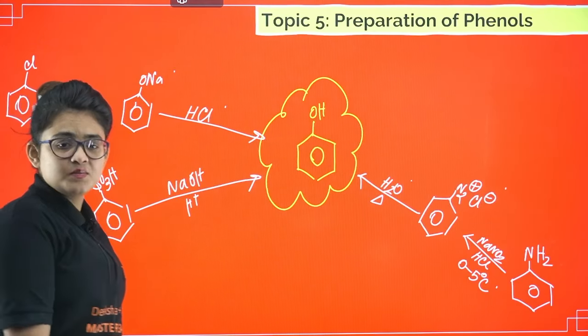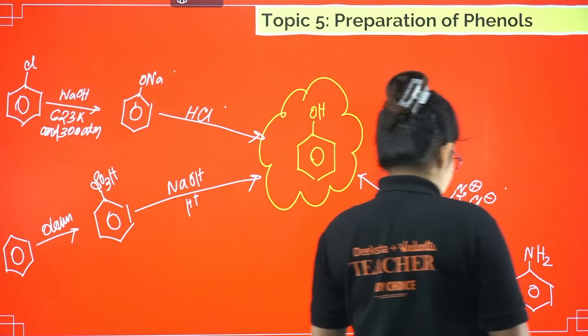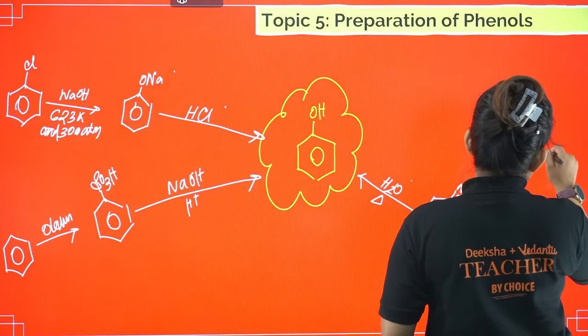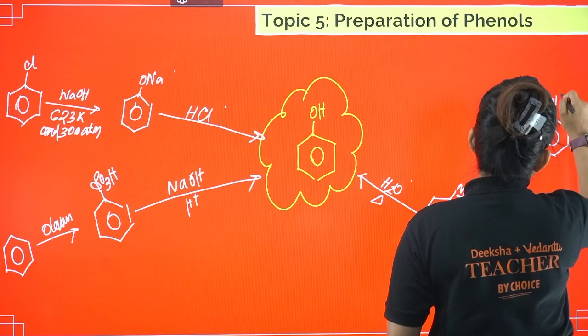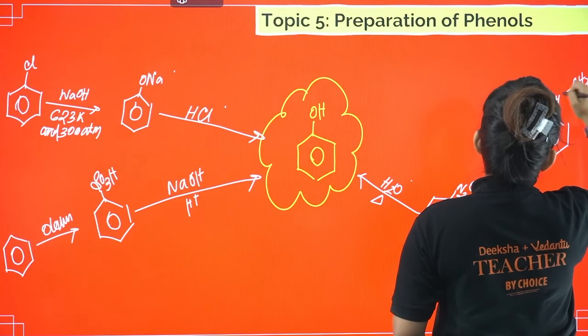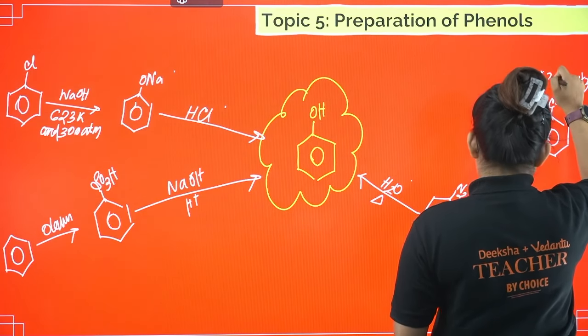Last, most importantly, that is cumene to phenol synthesis, right? So what is your cumene? This one, benzene with one isopropyl group, CH3, here also CH3.